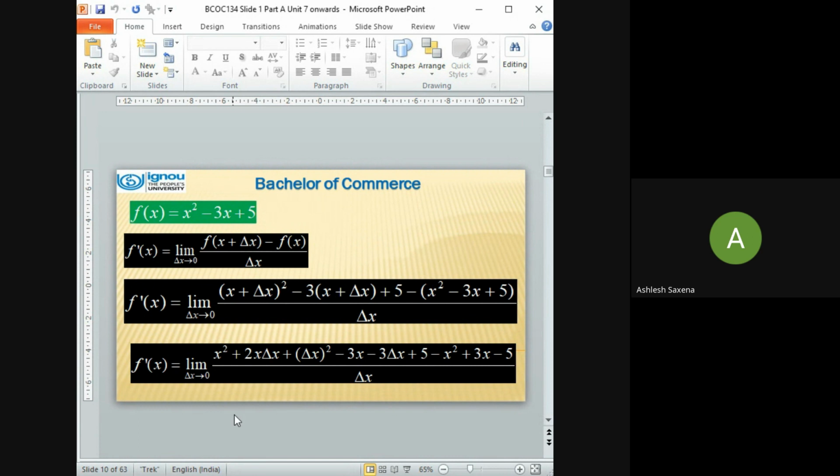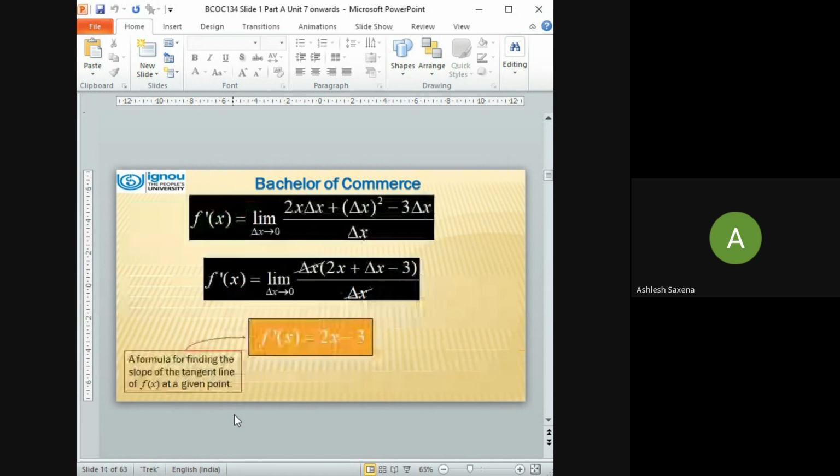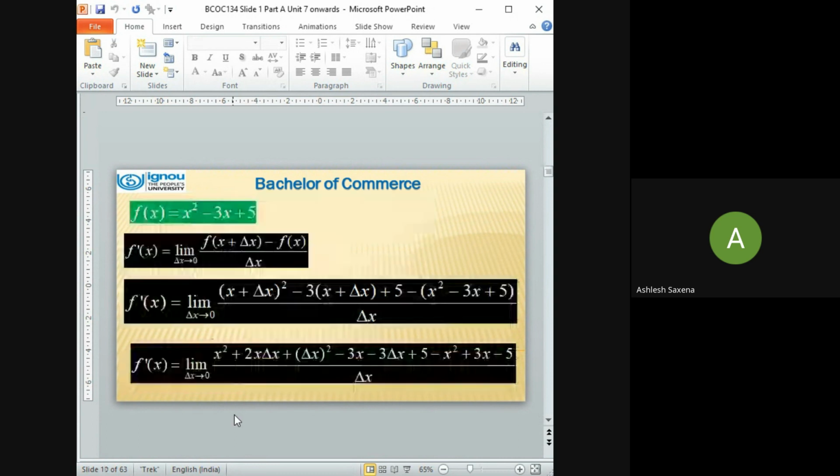What we will do, we will be taking delta x common. After adding and subtracting all these values, see to it. This x square and this x square will be removed.